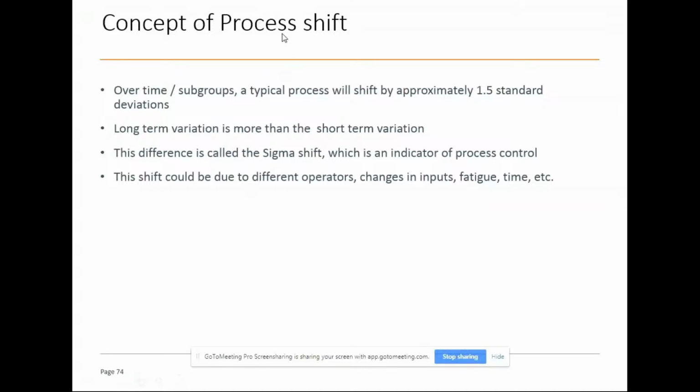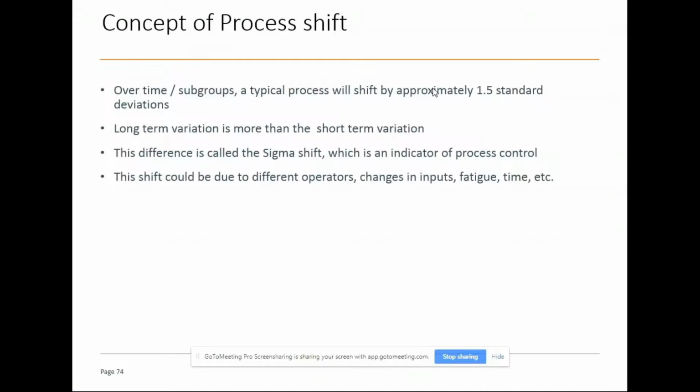So there is a concept of process shift. What we say is typically a process will shift approximately by 1.5 standard deviation in the long term. And long-term variation is more than the short-term variation. So that's the reason why there's a term called sigma shift.